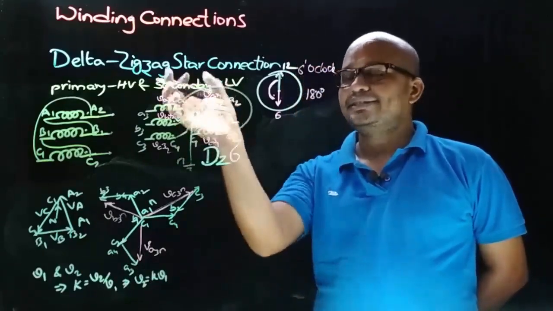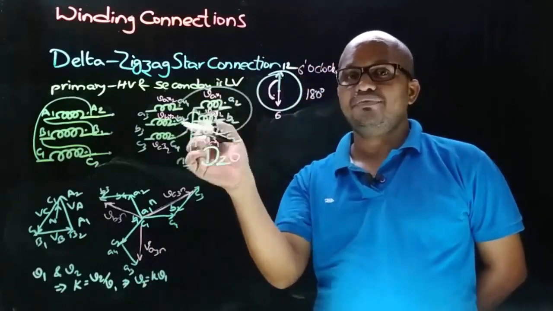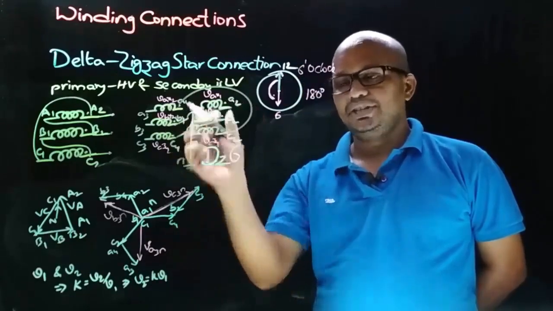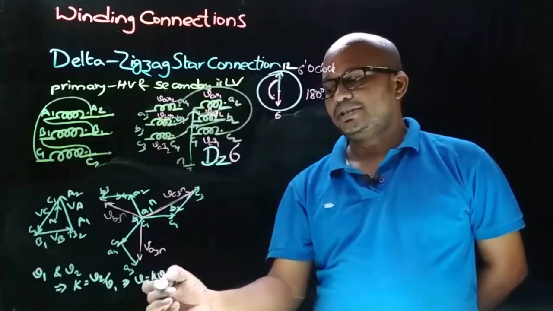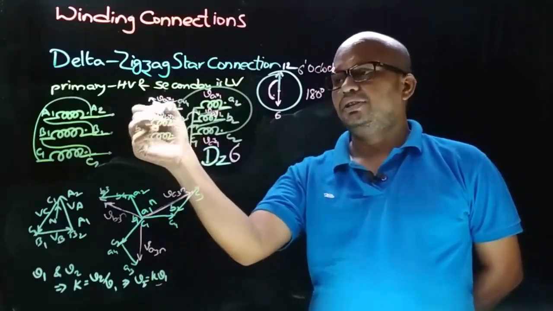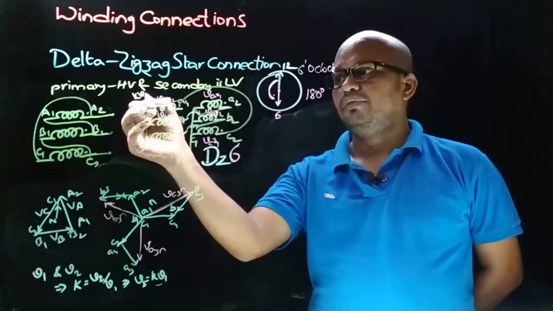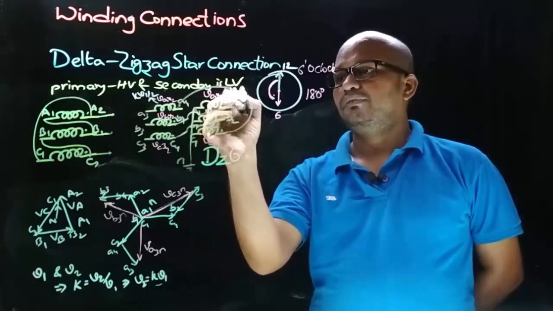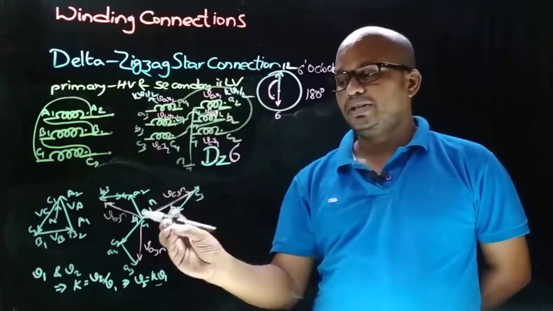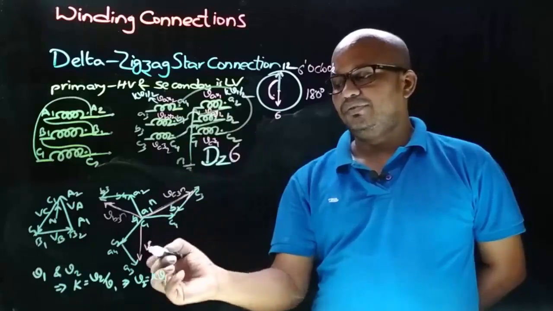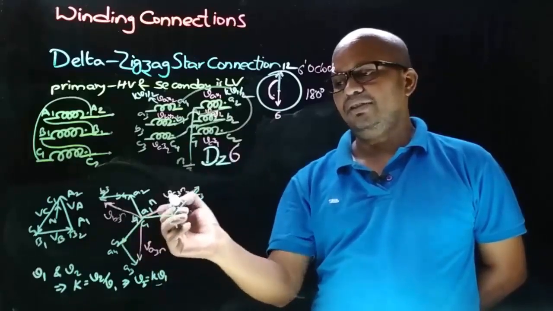And as in zigzag star connection, each phase winding is divided into two equal windings, means in each winding the voltage can be taken as K V1 by 2. That is, here this voltage is K V1 by 2 and the voltage in this winding is K V1 by 2. From this phase diagram we can see that the phase voltages for the zigzag star connection are VA3N, VB3N and VC3N.